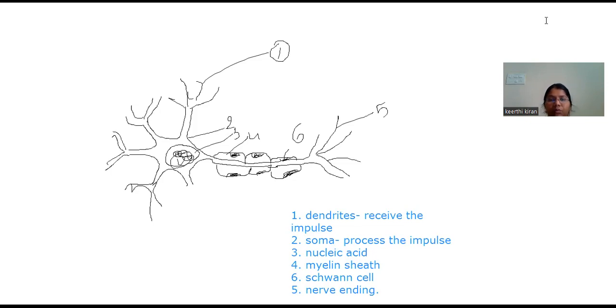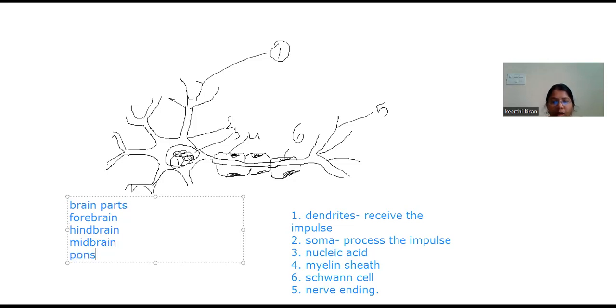Now I will show you the picture of the brain. Here, the brain has the forebrain, hindbrain, midbrain, then the pons, then the medulla oblongata, and the spinal cord.